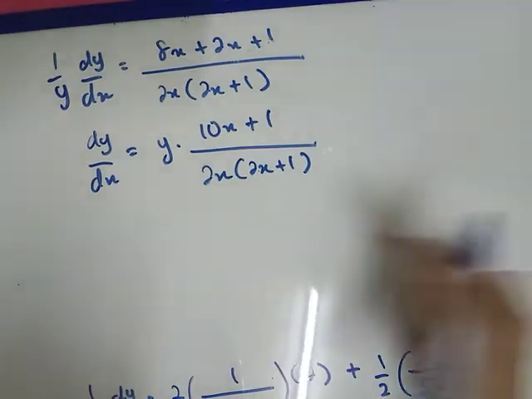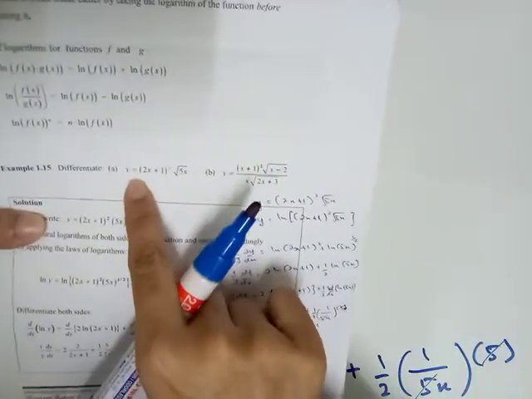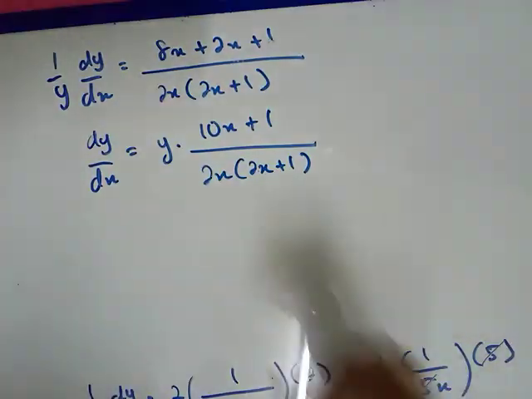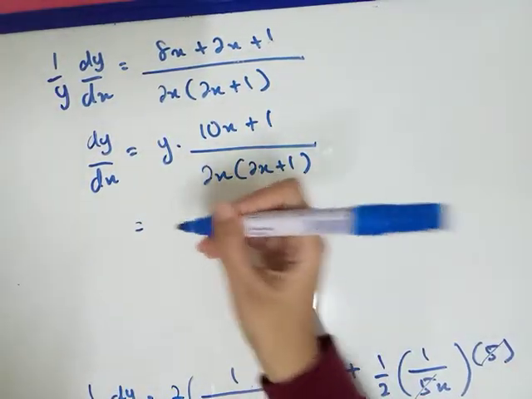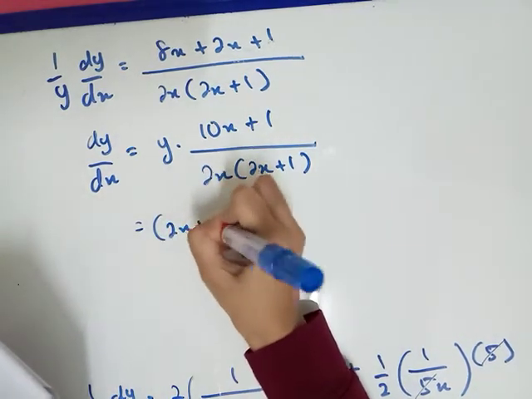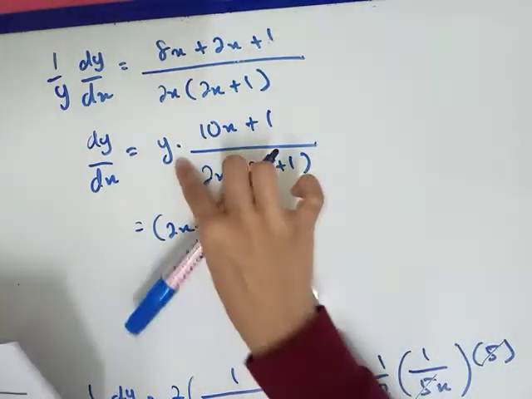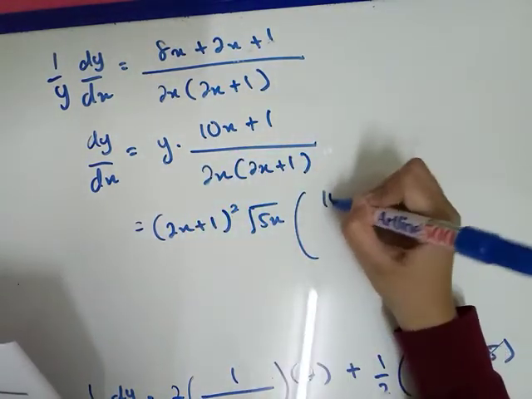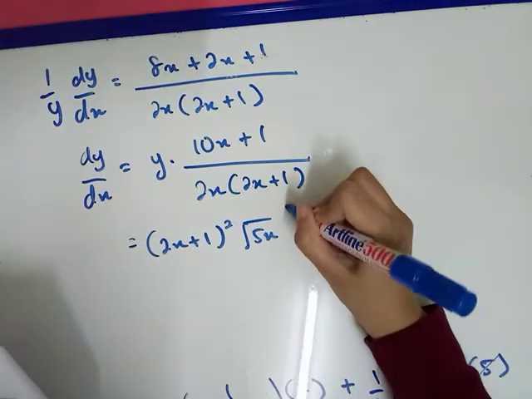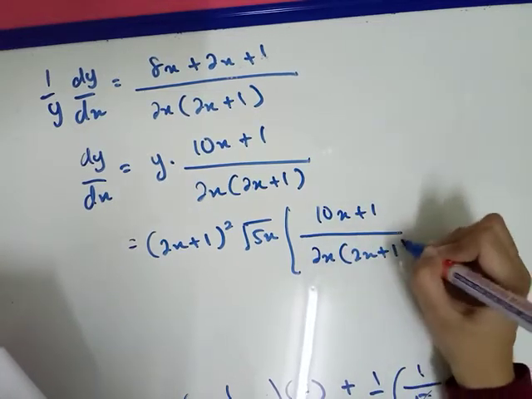And then we know that y is equal, look at the question, y is equal to (2x plus 1) square, square root 5x, and then replace that y. So y is equal to (2x plus 1) square, square root 5x, times (10x plus 1) divided by 2x times (2x plus 1).